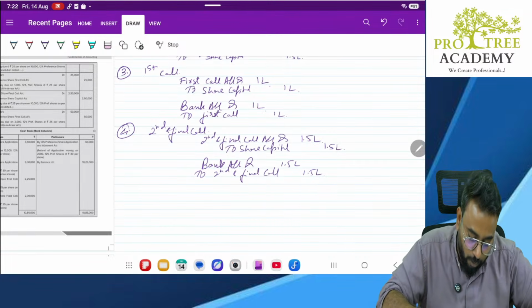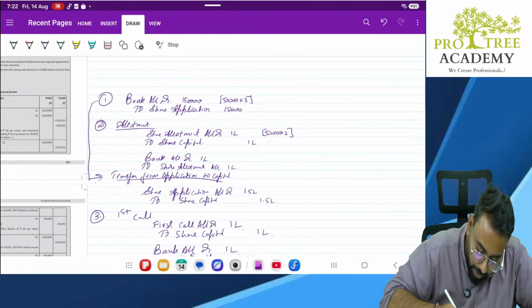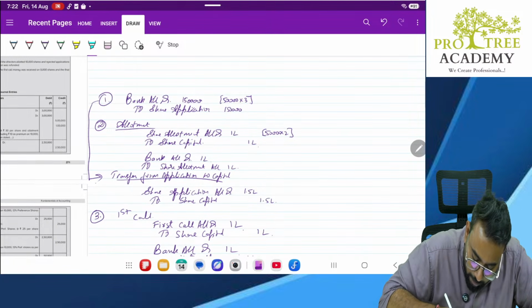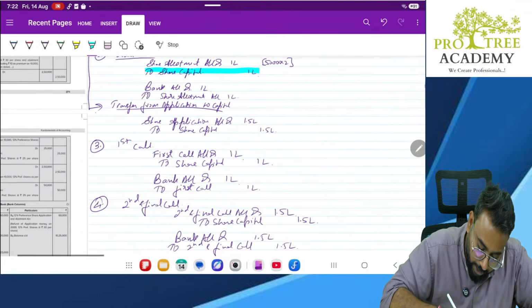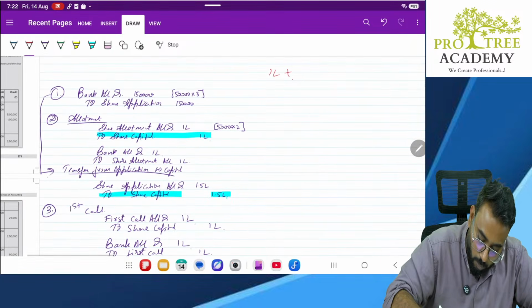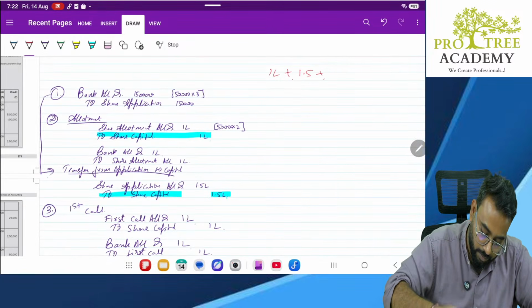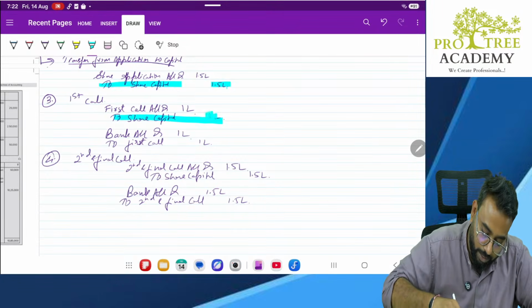Now, if you look carefully, check the total of share capital everywhere. Wherever share capital is created, here share capital created, how much, sir? 1 lakh. Plus here share capital created, 1.5. Plus here also share capital created, 1 lakh.